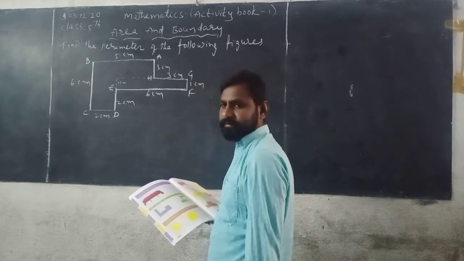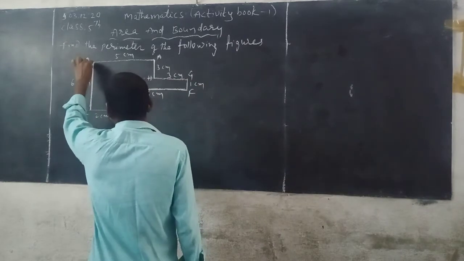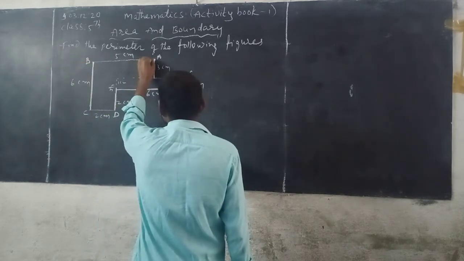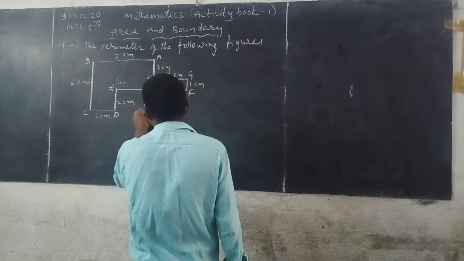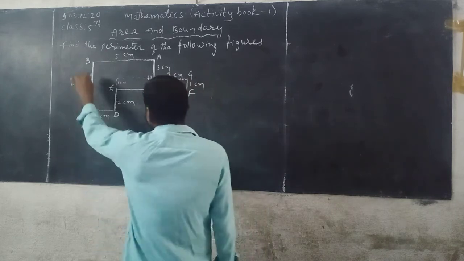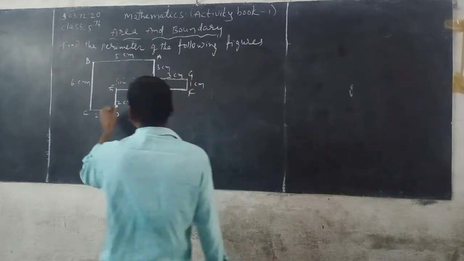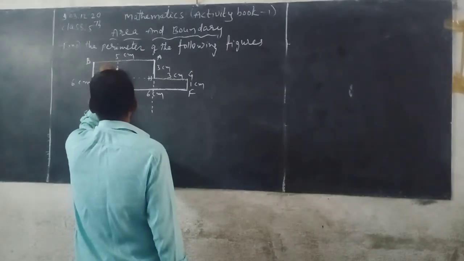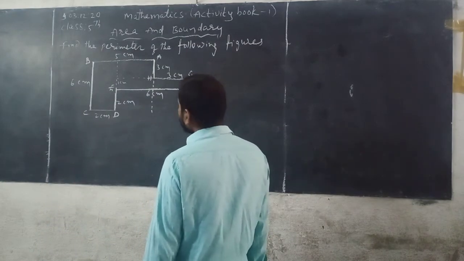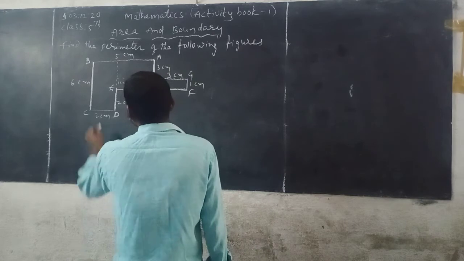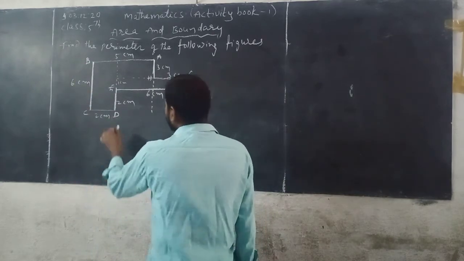Did you understand? See here. This is produce the line. It's like that only. Okay. See, this is parallel to this line. Also, this is also parallel. Now here, BC is equal to 6 centimeters.